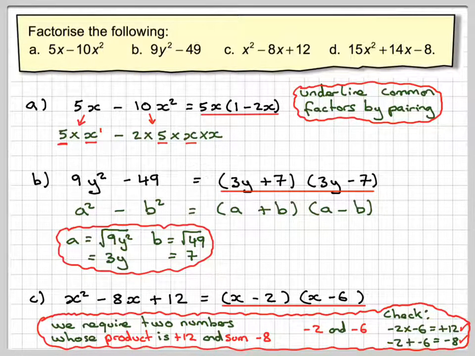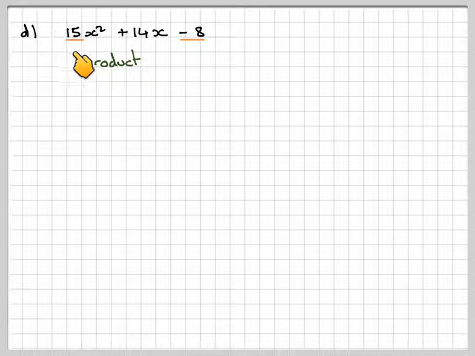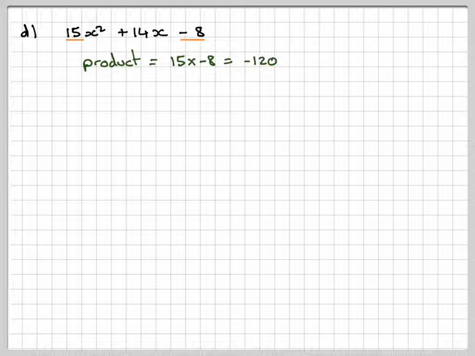Okay, the last type is 15x squared plus 14x minus 8. Now this is different because here there's a number in front of the x squared, so it's better to proceed using the idea of product sum factors. Now the product is going to be these two numbers multiplied together, 15 times minus 8, which is minus 120, and the sum is going to be the middle number, which is plus 14.